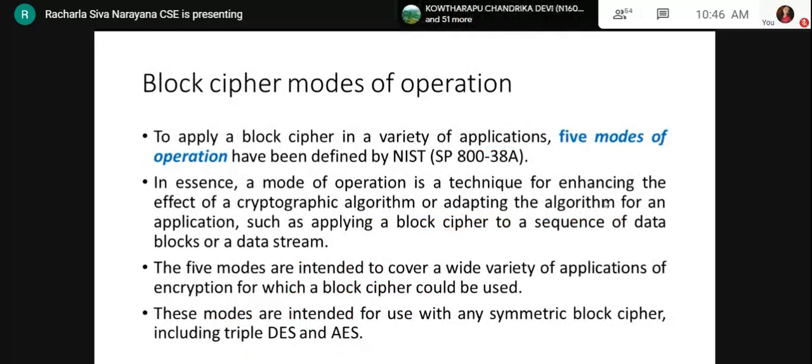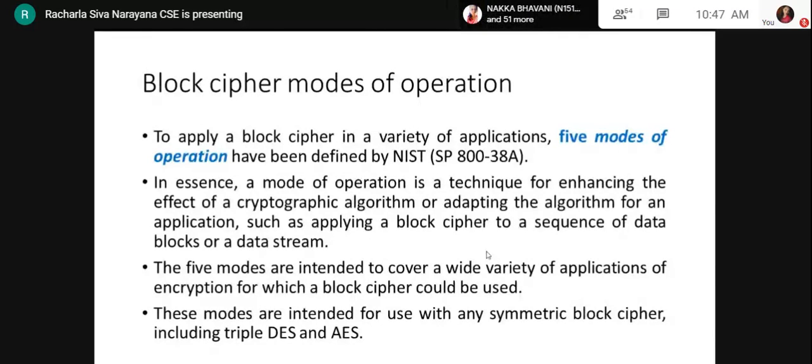And then block cipher modes of operation. Up to now, we have discussed DES, the strength and weaknesses of DES, and then double DES. In double DES, we perform encryption multiple times with two different keys.